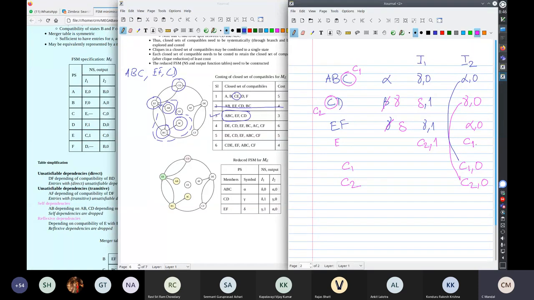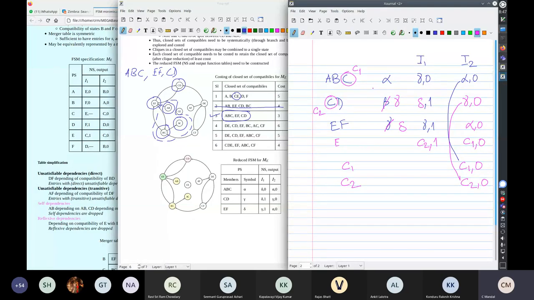So what you have essentially done is you have split the state C into two states. Essentially you can see how the splitting is happening, because C is there in two clicks, so it behaves a bit differently.